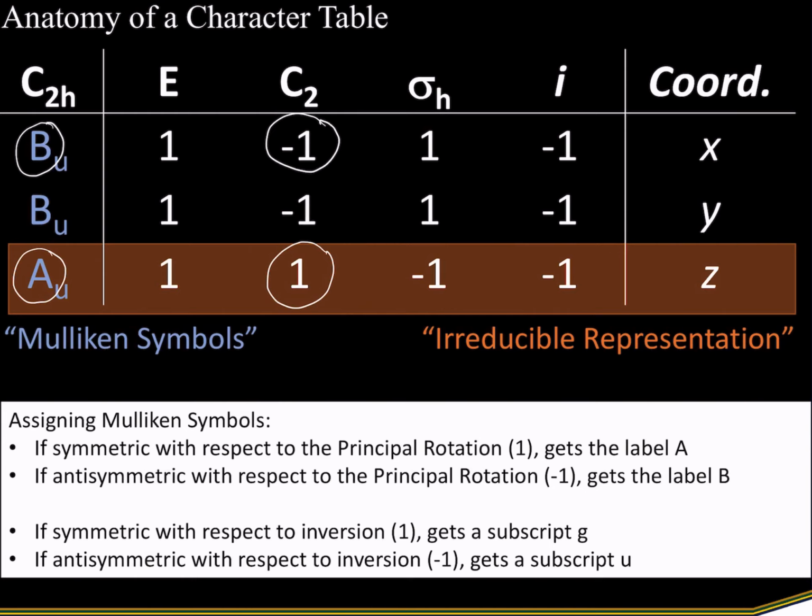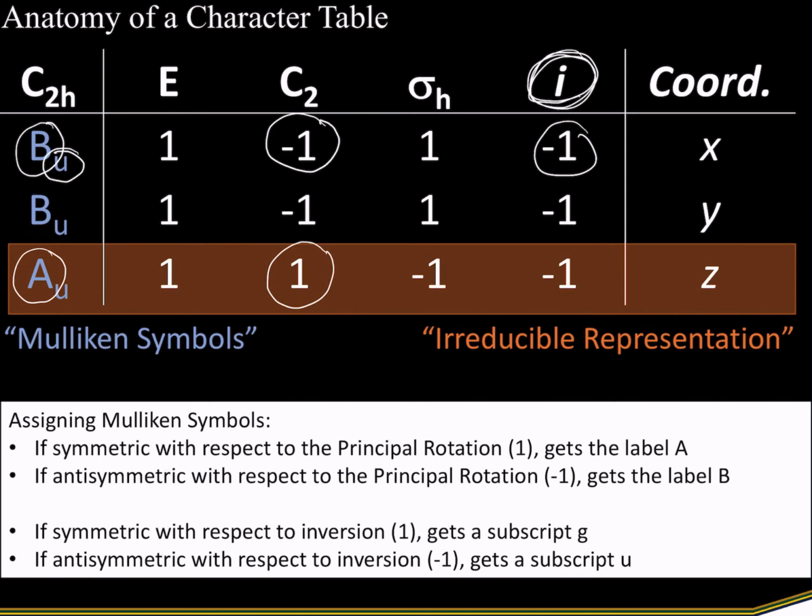The second step is actually looking at our inversion column. So this only applies if a molecule has an inversion center. But if it has an inversion center, this determines the subscript. If our character is antisymmetric with respect to inversion, so if this is a -1, we have a subscript u in our Mulliken symbol.